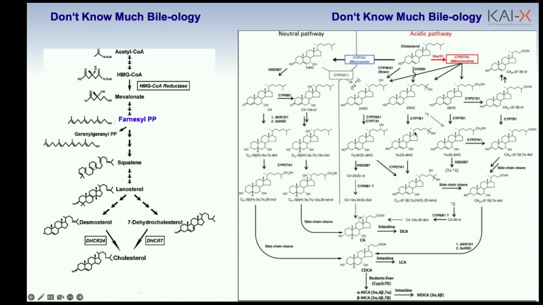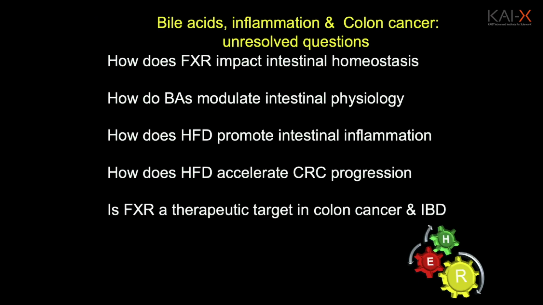We're very interested in the pathway, number one. Number two, what was not appreciated is that the synthetic rate at which you can process and produce bile acids has certain boundaries, and it can only produce so much in a particular unit of time. But this is the nature of the complexity you have to deal with when you're talking about bile acids in general. So here are the questions we want to ask.